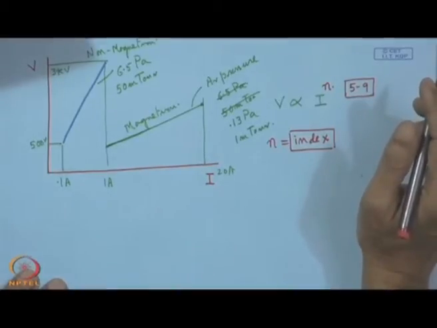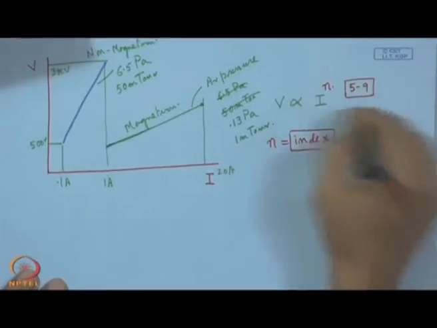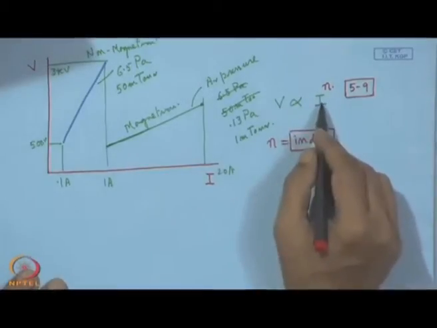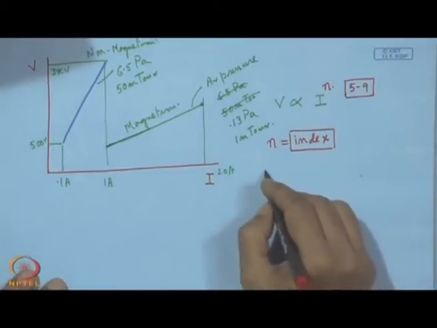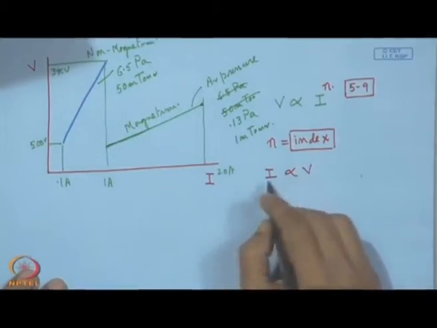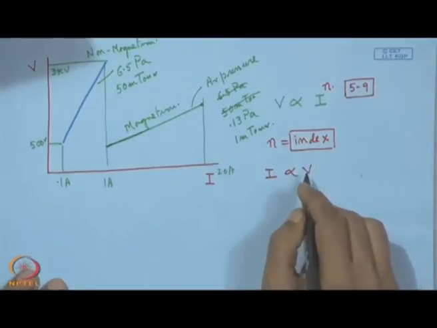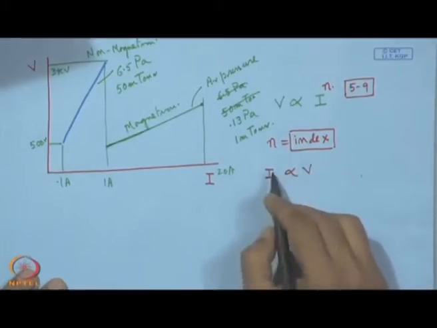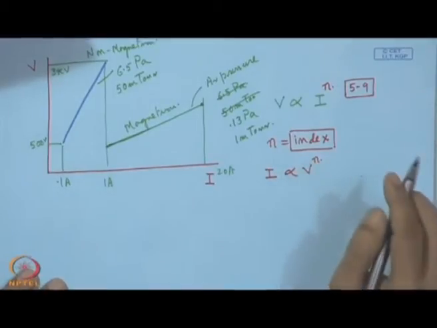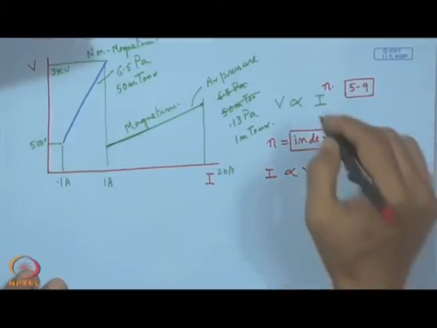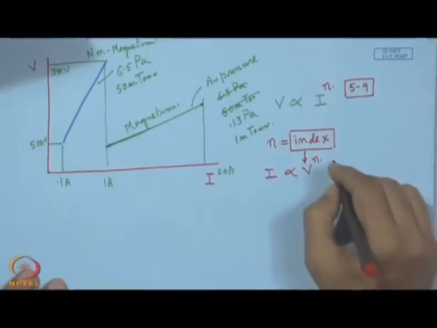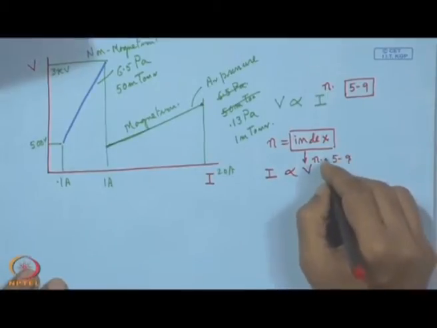Because here it is voltage and current, we can also put it in this form, I is proportional to V to the power n. That means it is the voltage which will be applied to get the cathode current, and the index is actually 5 to 9.